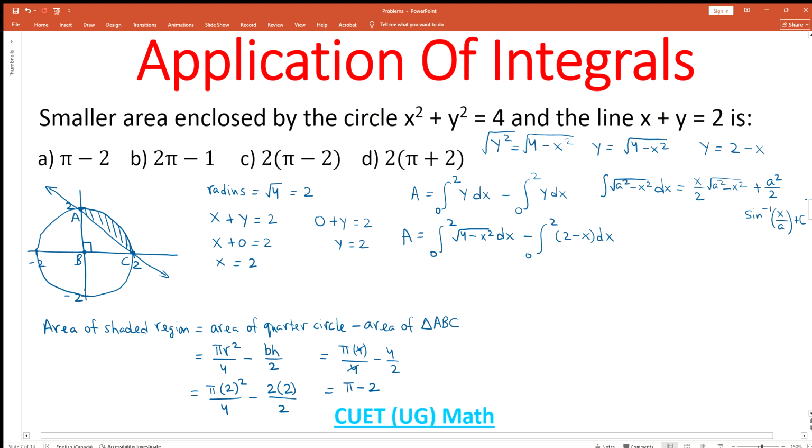For definite integrals, we will ignore the integration constant.